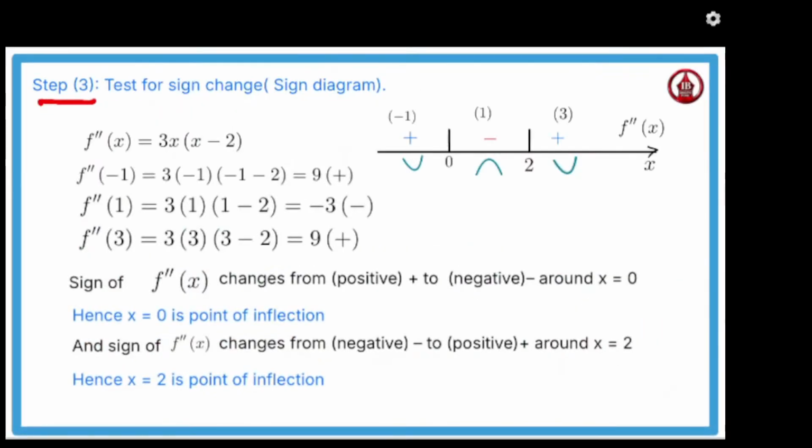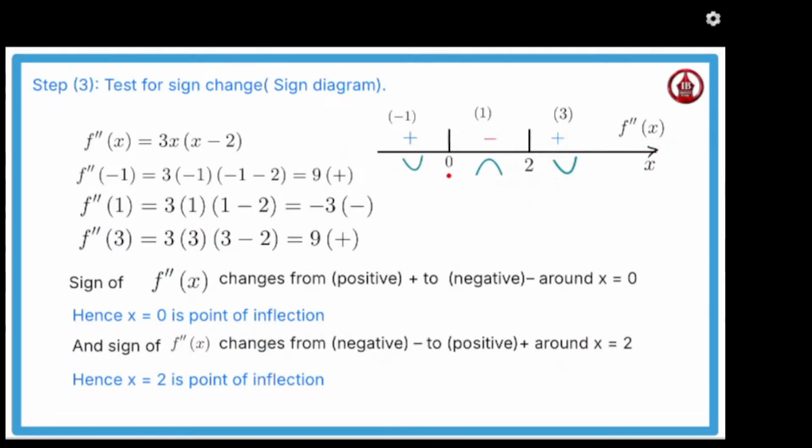It is step 3. What is step 3? Test for sign change. Means we will draw the sign diagram. So we have the second derivative. We have 2 points from the second derivative taking it equal to 0: 0 and 2. Now on the number line, I will take 0 and 2 according to their position.